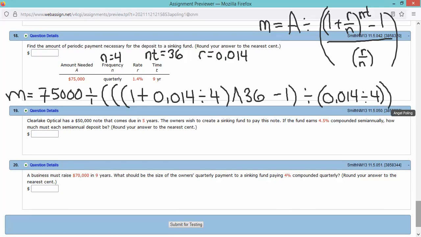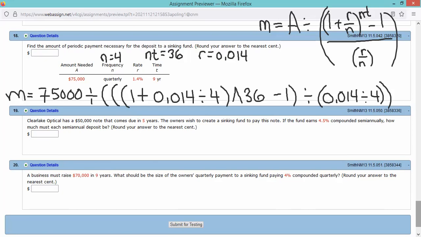Now let's count the opens. 1, 2, 3, 4, and the closing parentheses 1, 2, 3, 4. That's good news. Okay, now let's type this in.